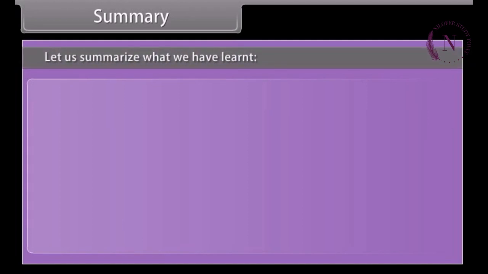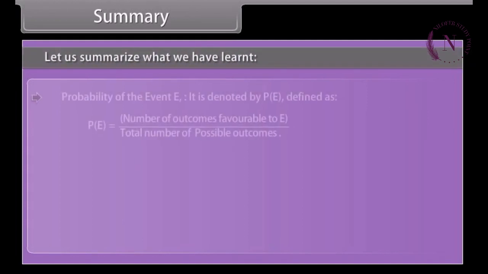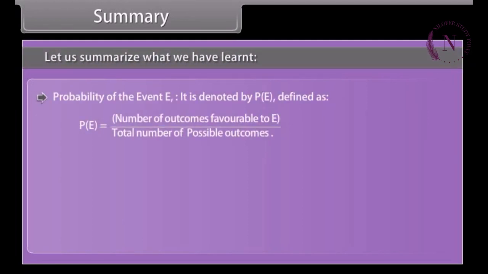Summary. Let us summarize what we have learned. Probability of the event E is denoted by P(E), defined as P(E) equals the number of outcomes favorable to E by the total number of possible outcomes.